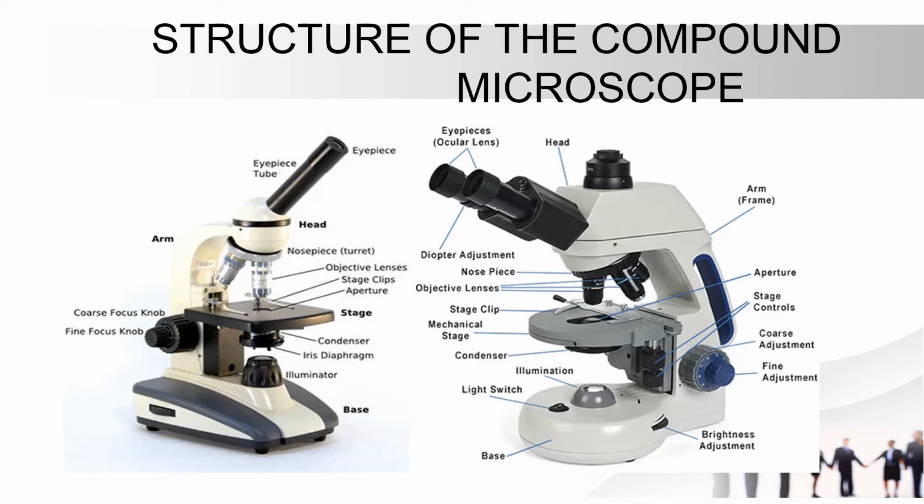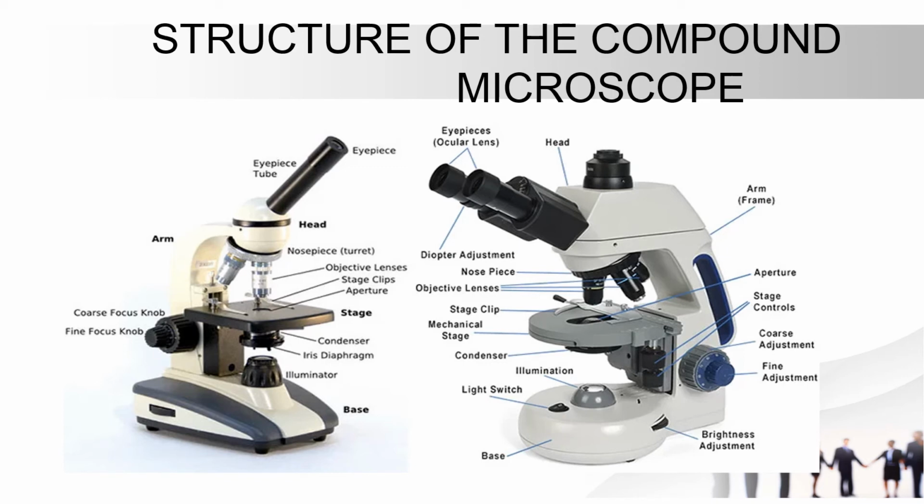We already mentioned the eyepiece, which is also known as the ocular lens, and the objective lens. So the two lenses are what the compound microscope uses in achieving high power magnification in order to view a specimen on the stage.